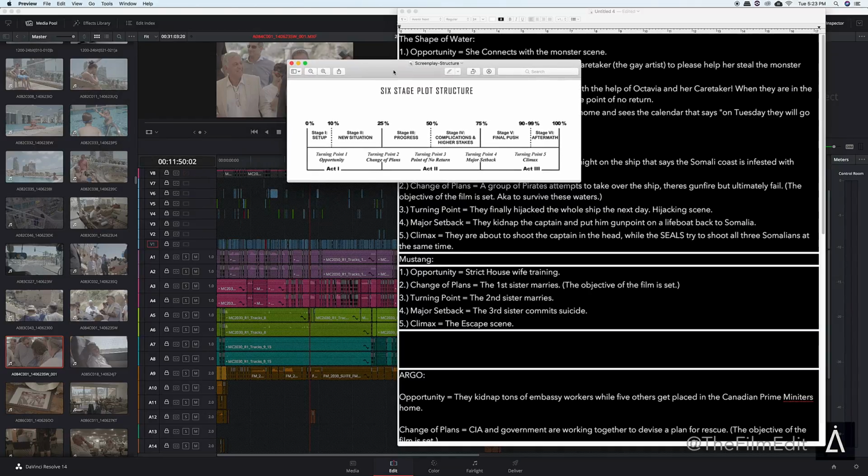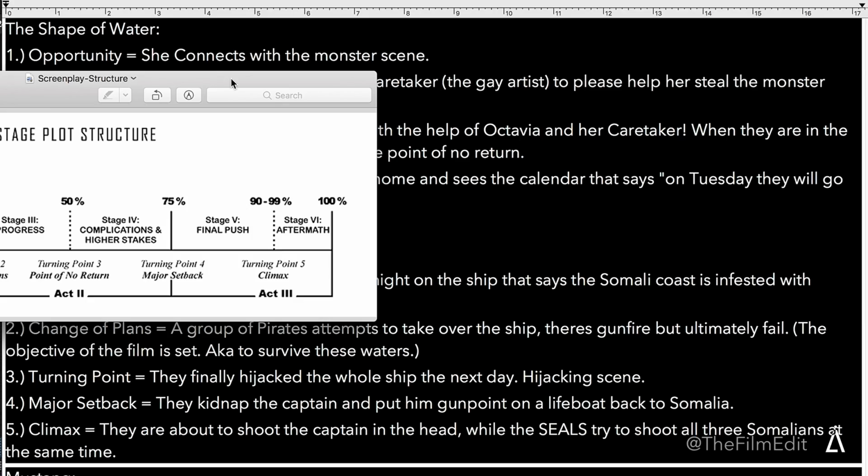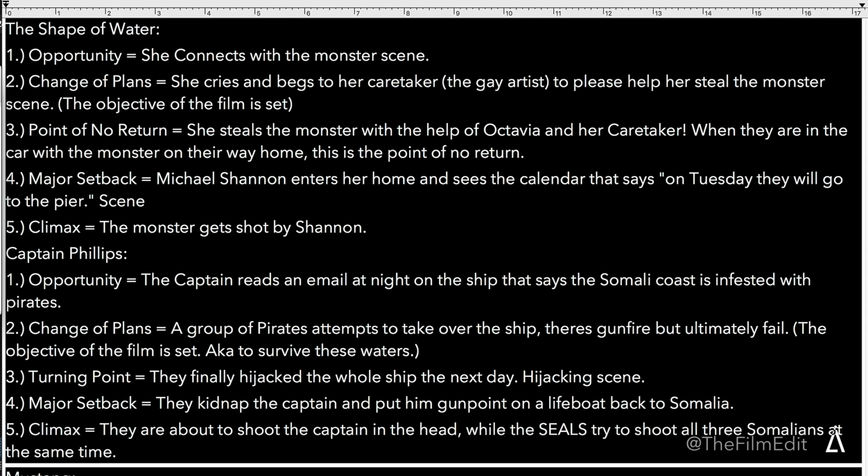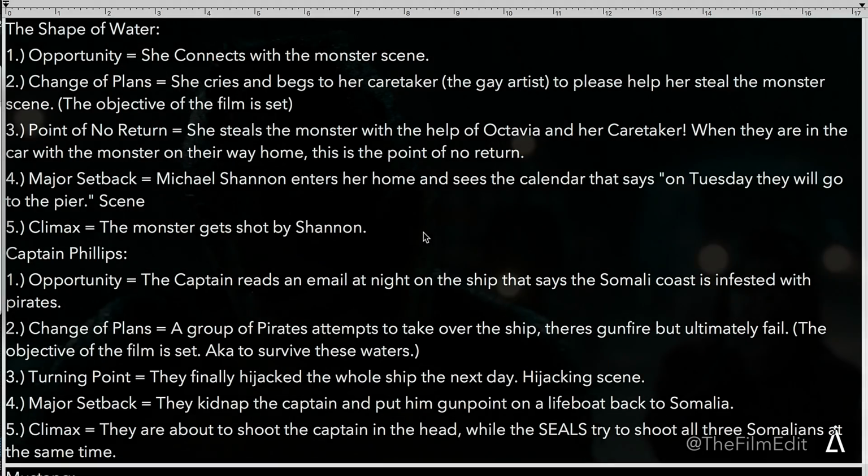And then turning point number 5, it's the climax. It's the scene of most conflict. As you guys know, at the climax, the monster gets shot by Shannon.